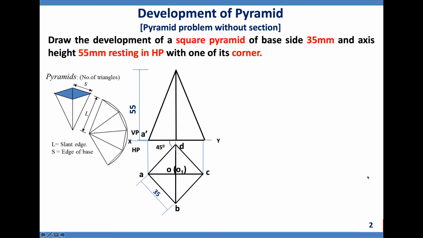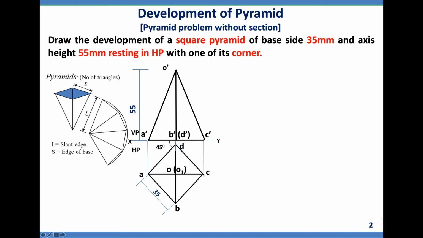Now the notations in the front view. This is orthographic projection, the first step. With the help of this, we have to do the second step, that is development. Before proceeding to this, we have to check whether O dash C dash is the true length. How to check?